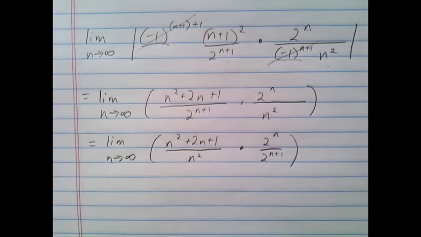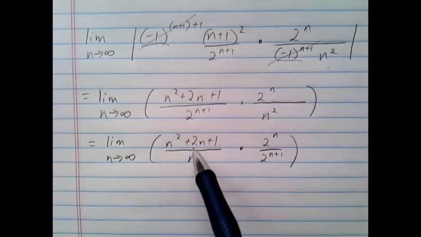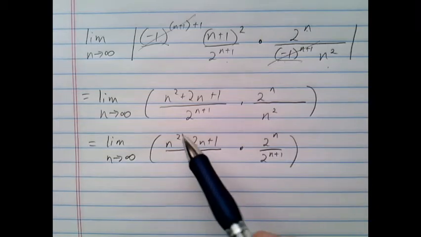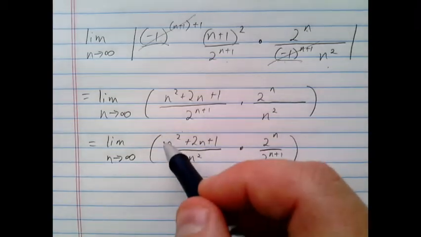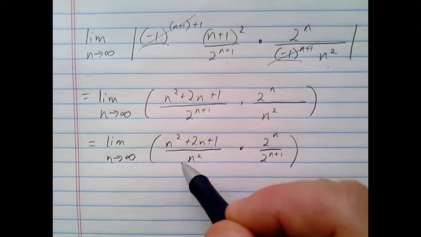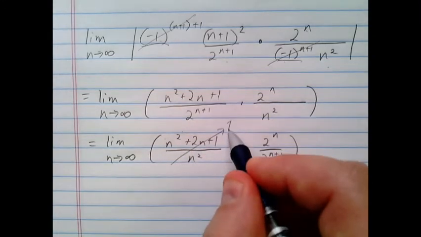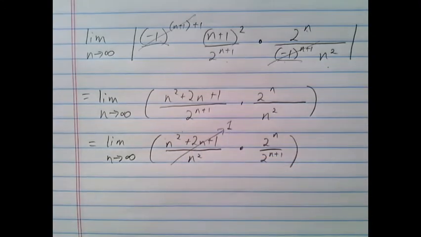Now here's what that does for me. This first fraction is now a rational function, and the top and bottom have the same degree. So when n goes to infinity, this fraction just becomes the ratio of those leading coefficients. In other words, it becomes 1. Well, alright, so we know what that becomes.